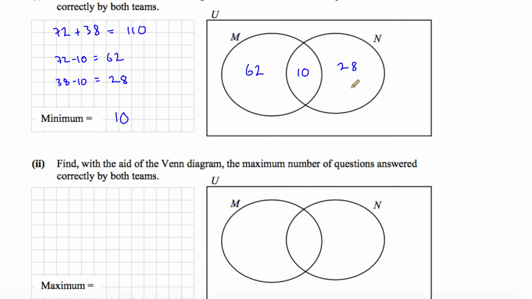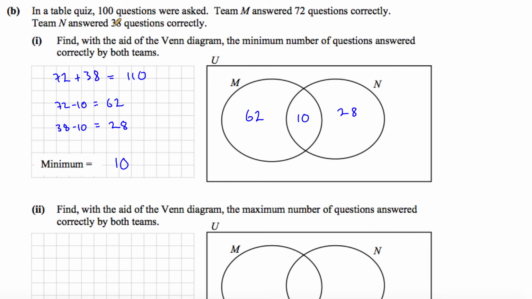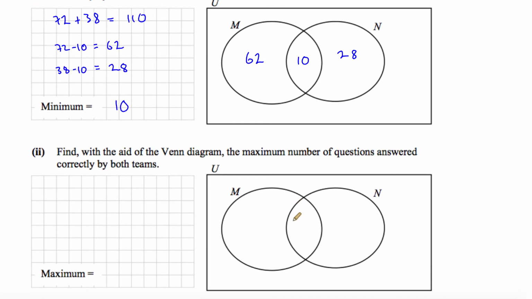So because Team N answered 38 questions correctly, and that's smaller than the 72, you could potentially have all 38 of them in here, leaving none in the rest of N, and having 72 minus 38, which is 34 questions answered out here in this region.